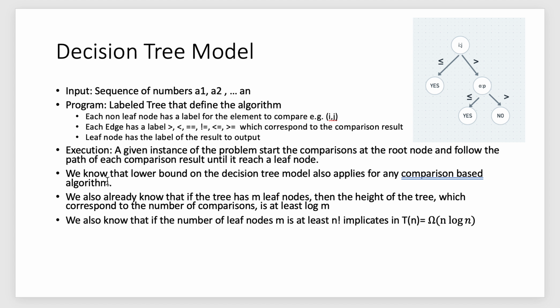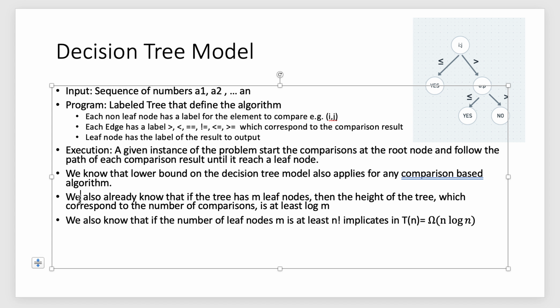We already know that the lower bound on the decision tree model also applies to the lower bound of comparison-based algorithms for the same problem.